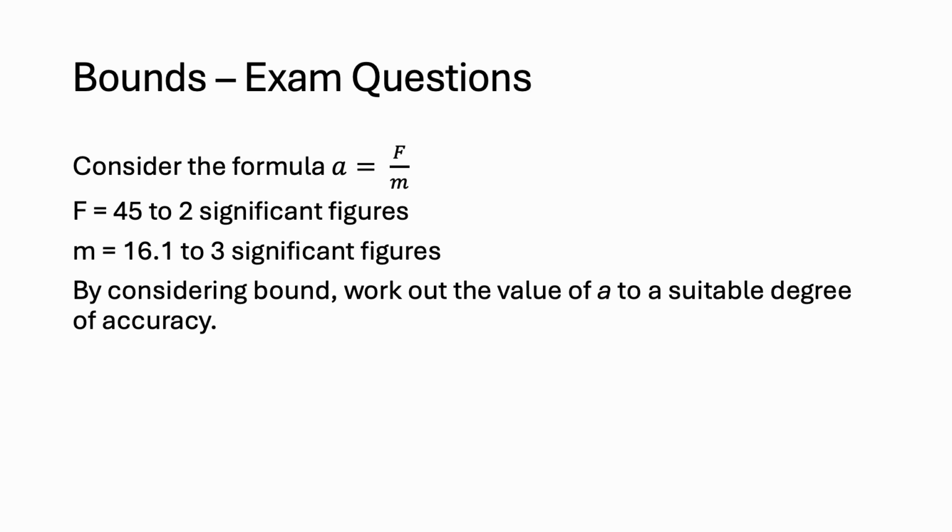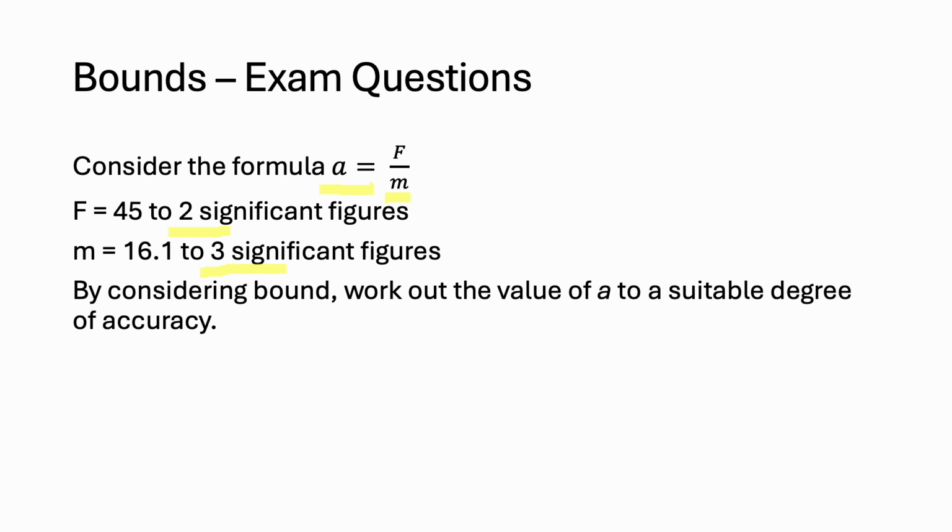Okay, now we have another exam style question. So it says, consider the formula A is equal to F over M. F is equal to 45 to two significant figures. M is equal to 16.1 to three significant figures. Okay.